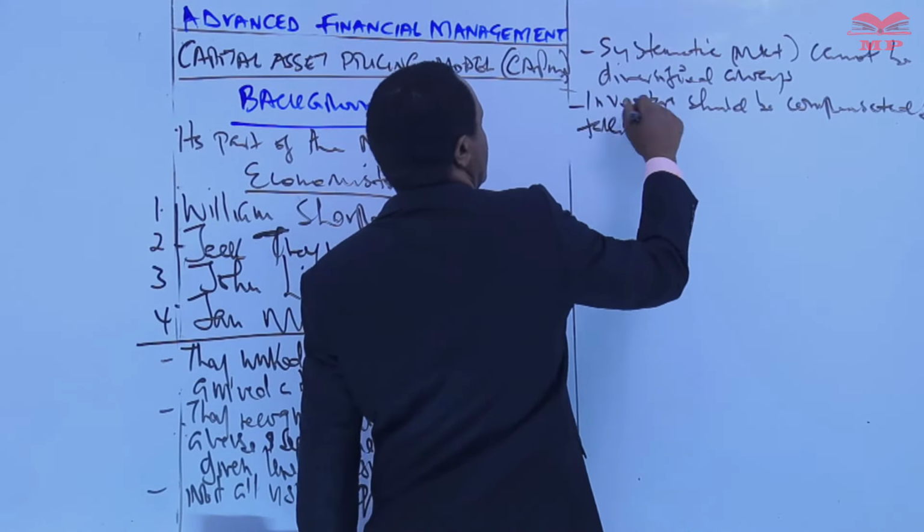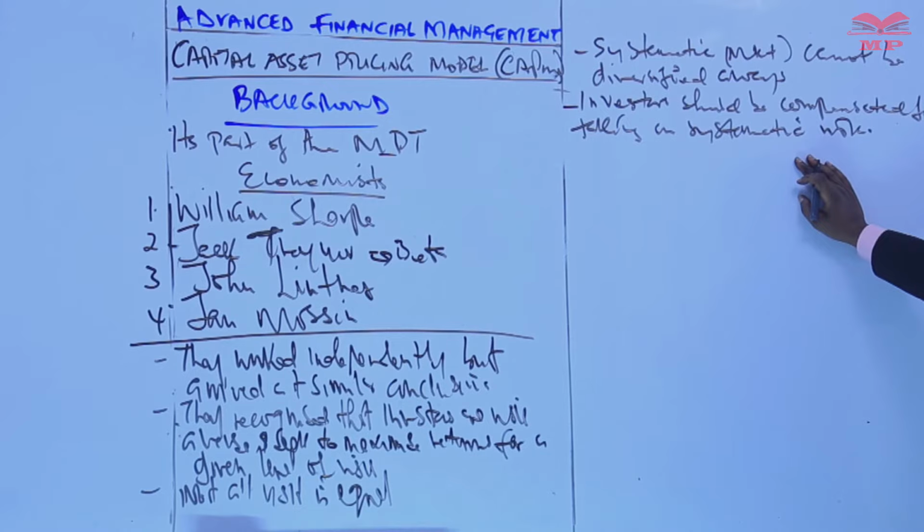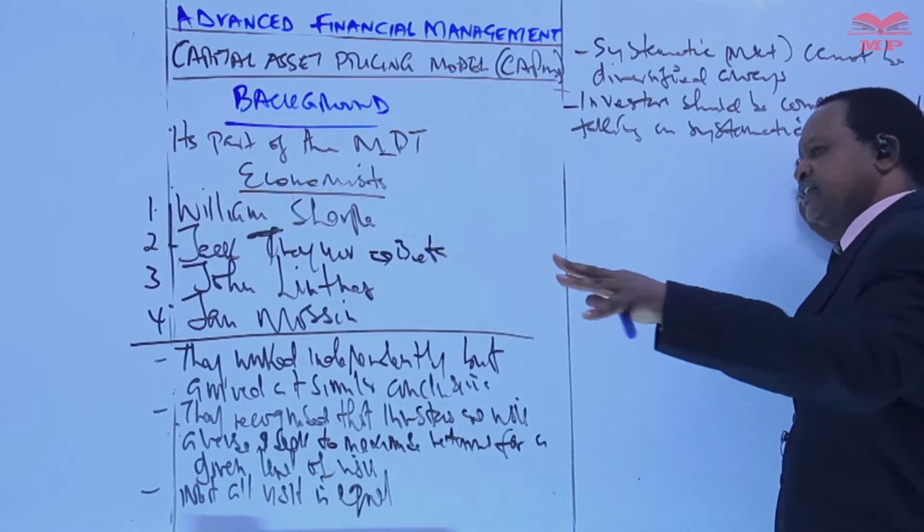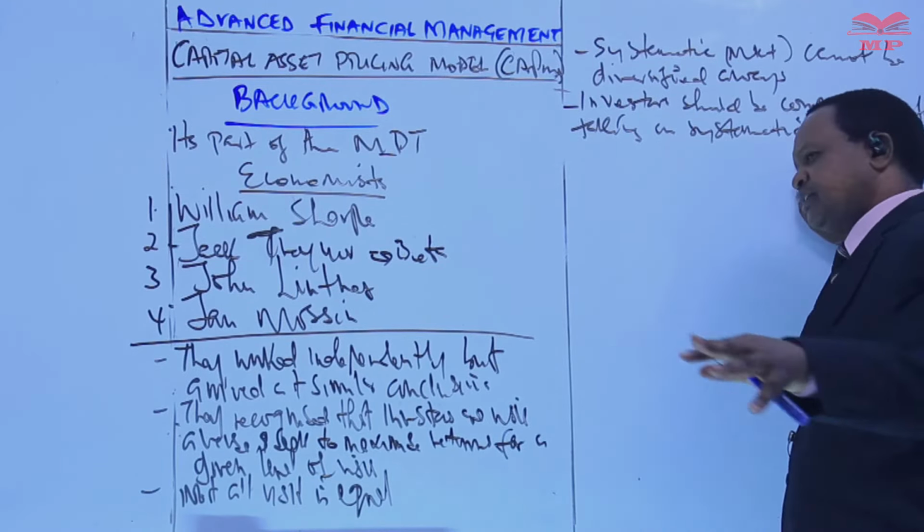So if you are to buy a share from a company, you cannot diversify away systematic risk, because there are certain risks that affect the entire market that the company cannot diversify away.